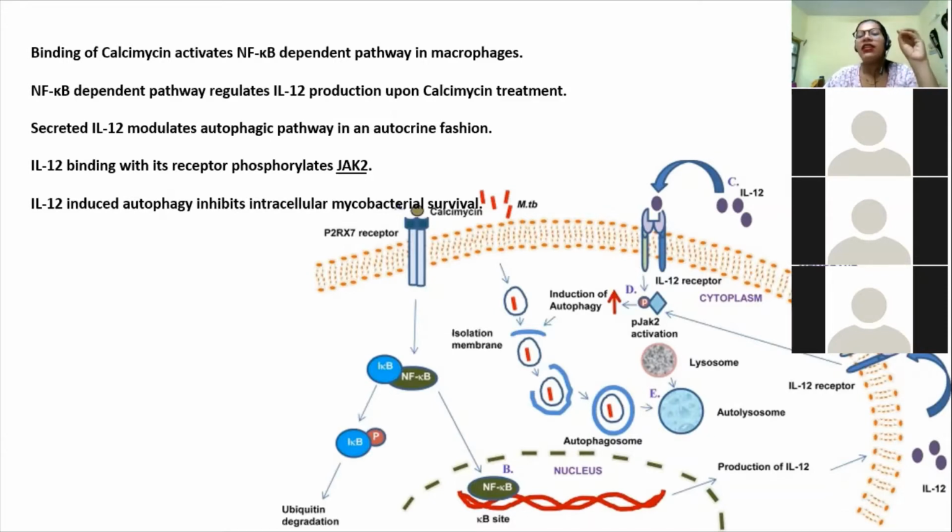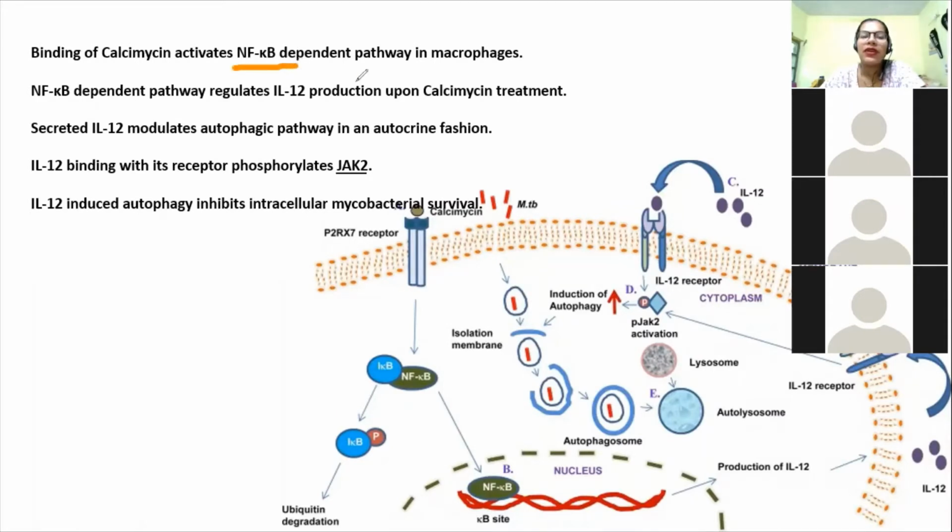If any mycobacterial attack is there, for example tuberculosis, how is this calcimycin going to help in the treatment against tuberculosis? This is one example given. By binding of calcimycin, you can see that it activates the NF-kappa B dependent pathway in macrophages. Okay, so what is NF-kappa B?